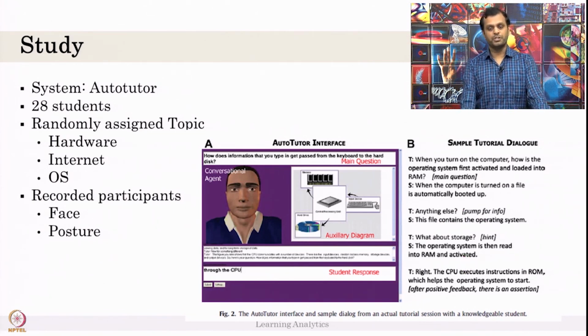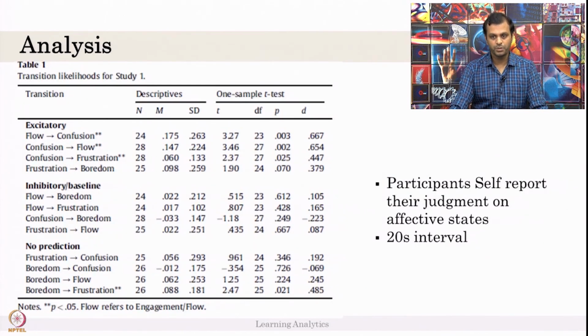Imagine a student is working in an environment like AutoTutor. You record the student's facial expressions and posture, and you also record the interaction screencast, the screen capture. You observe both. After observing both, you ask the students to self report.